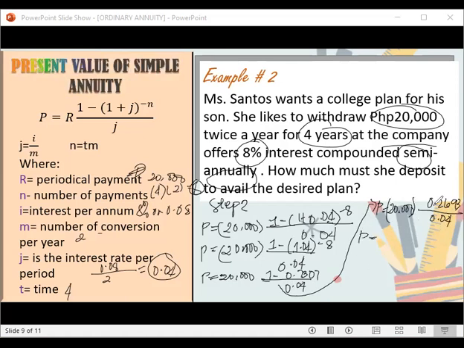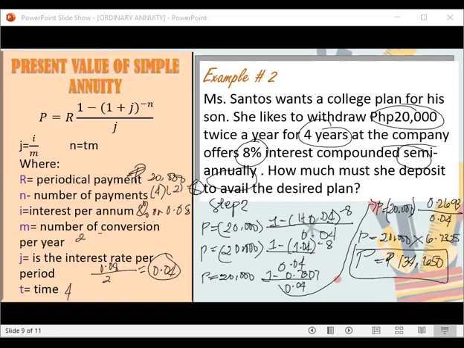Next is i-divide na natin. So, 20,000 times 6.7325. So, 20,000 times 6.7325 is equal to 134,650 pesos.